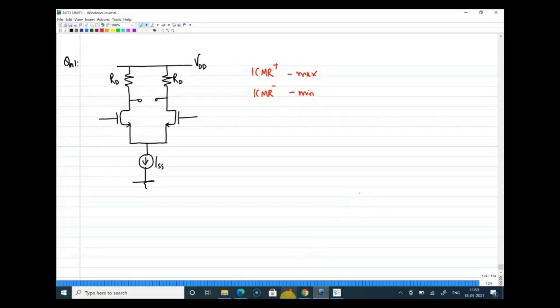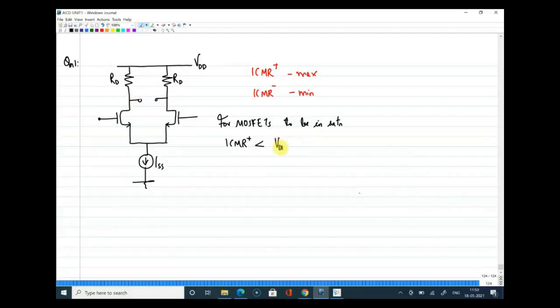So what is the condition here for the MOSFETs to be in saturation? We know that the maximum value ICMR plus should be less than the gate voltage of the MOSFET, which should be less than or equal to the drain voltage plus VT. So what is the drain voltage?